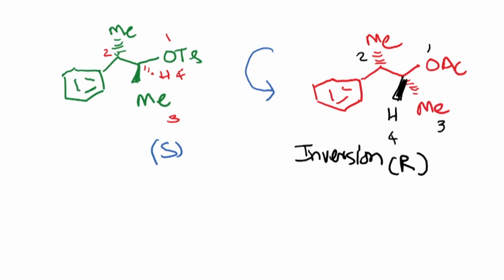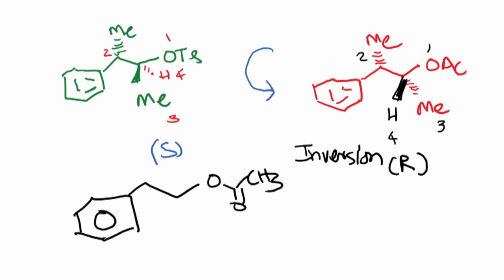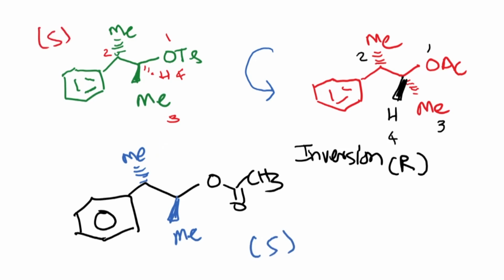Okay, so this would be the inverted product, inversion in stereochemistry. But the actual product that is formed is this. So if I assign the stereochemistry here, I would end up getting S. Okay, so this has a retention in stereochemistry.